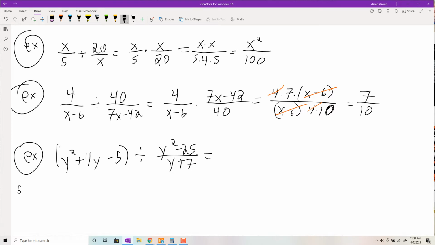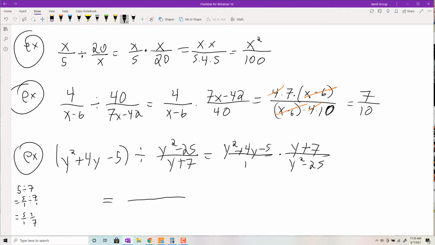So if I had 5 divided by 7, I could rewrite that as 5 over 1 divided by 7 over 1, and then that would be 5 over 1 times 1 over 7. So what I'm going to do is just rewrite y squared plus 4y minus 5 all over 1. And then I'm going to rewrite the division as multiplication and flip this, y plus 7 all over y squared minus 25. And then I can multiply straight across, factoring as I go here.